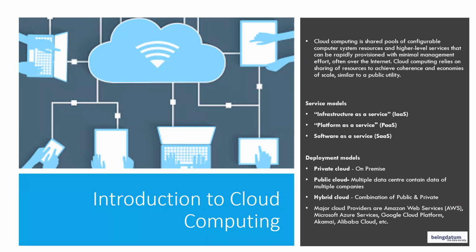So they have some infrastructure which is on premises, where they can store the data, and the other services which should be accessible to other people across the organization and other related entities, they can go ahead and access through the public cloud. So this was about the definition of cloud computing, and we saw the different service models as well as deployment models.